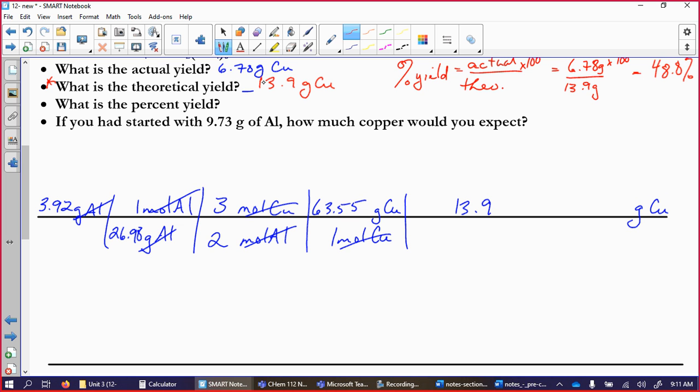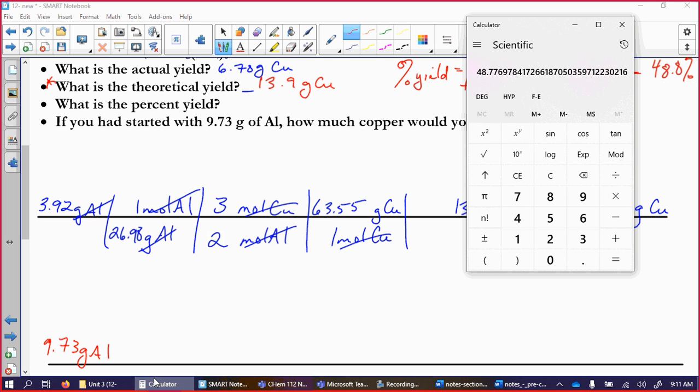This last part, if you started with 9.73 grams of aluminum, it's just repeating that calculation and figuring out, like, you're multiplying everything.